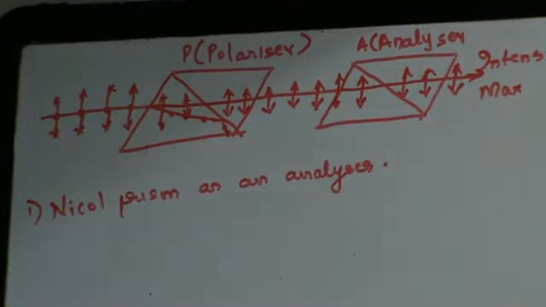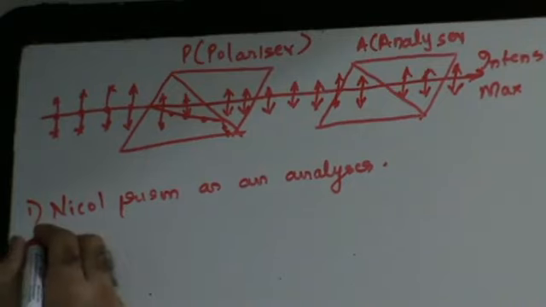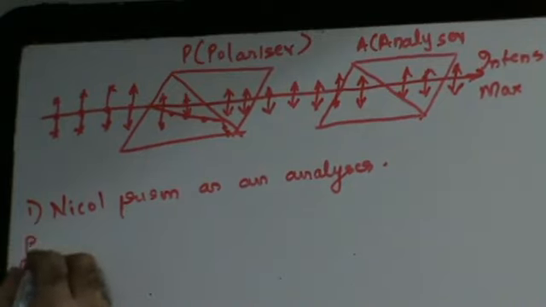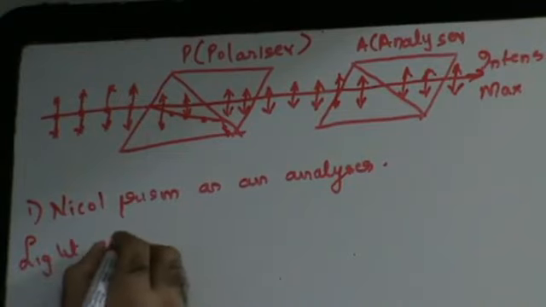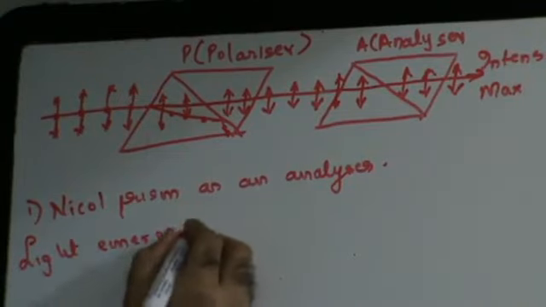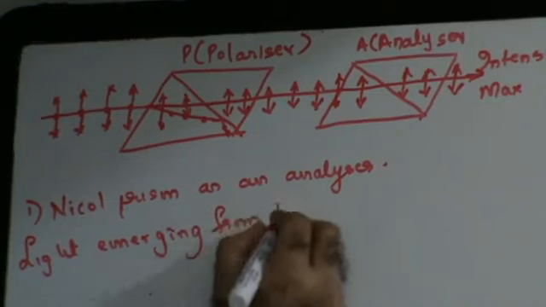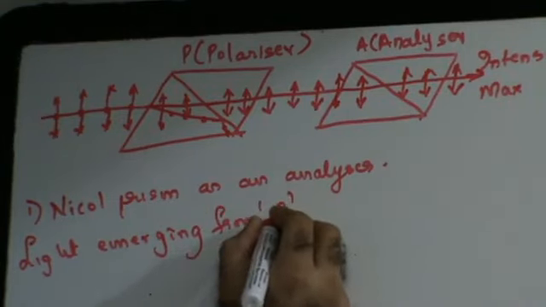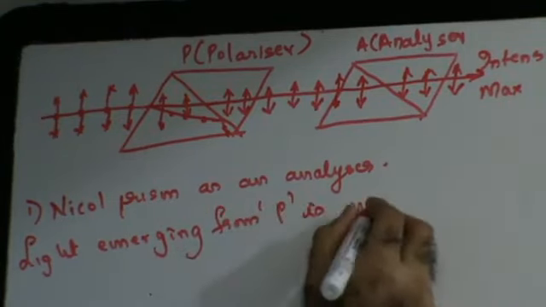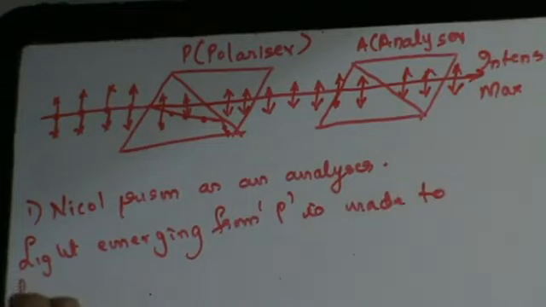Now, light emerging from the polarizer is made to fall on another Nicol prism.